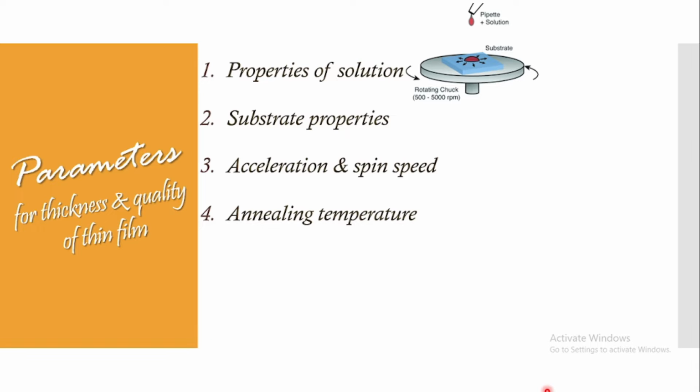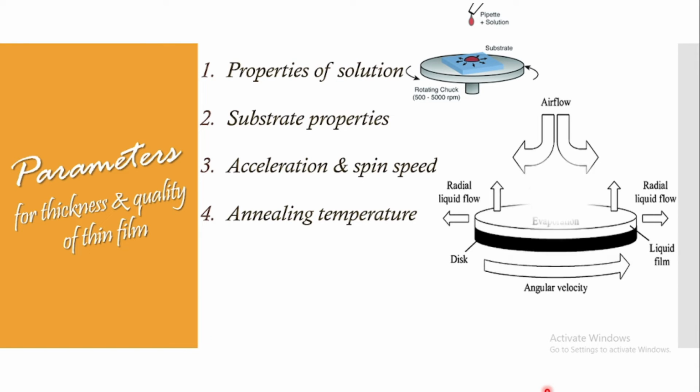Whichever particles are adsorbed over the substrate will be stabilized by this annealing process. So it is clear that a number of parameters decide the quality of the thin film. Even if the working principle is very simple, to get a uniform thin film with good quality, all these parameters are to be taken care of.